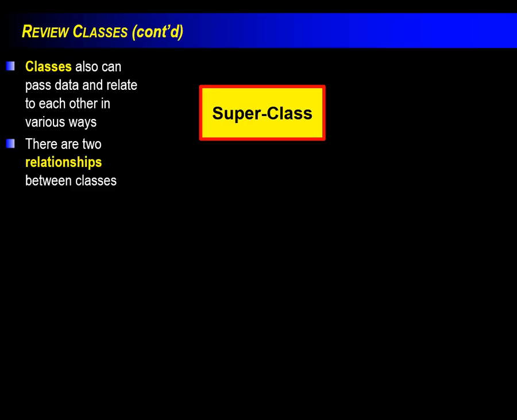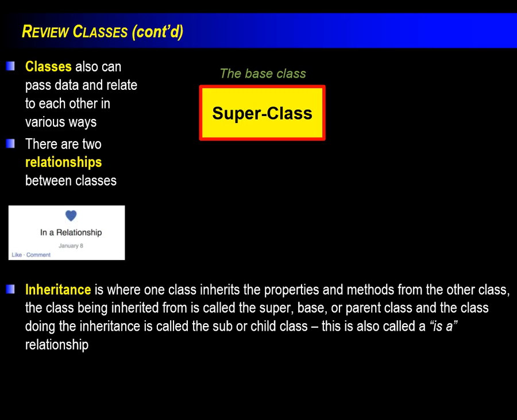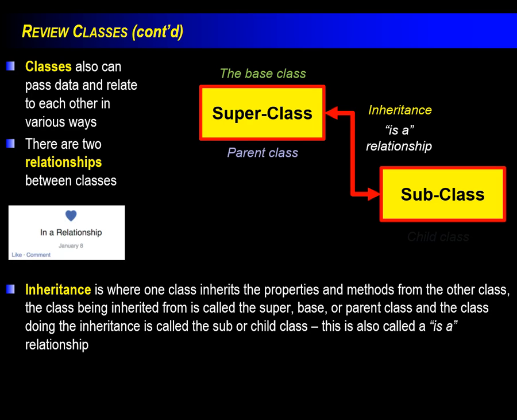How does that relate? Well, a superclass is a relationship between classes. Okay? There are two different ways classes can relate to one another. One is through the superclass subclass, or known as inheritance. Okay? With inheritance, we have a child class and a parent class, or what is simply put, the is-a relationship.